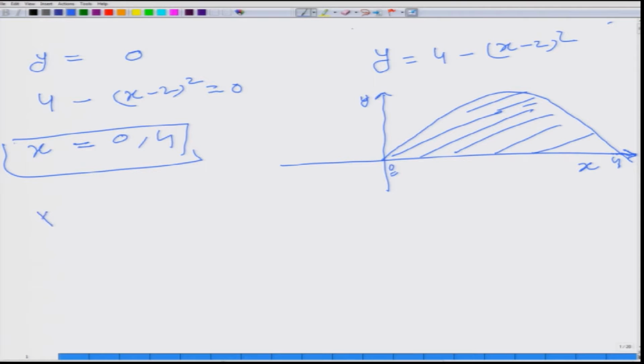To find the centroid of this area, by definition, the centroid XC is given by integral of x dA over A, where dA is a very small area element. For example, I will take a strip at distance x.